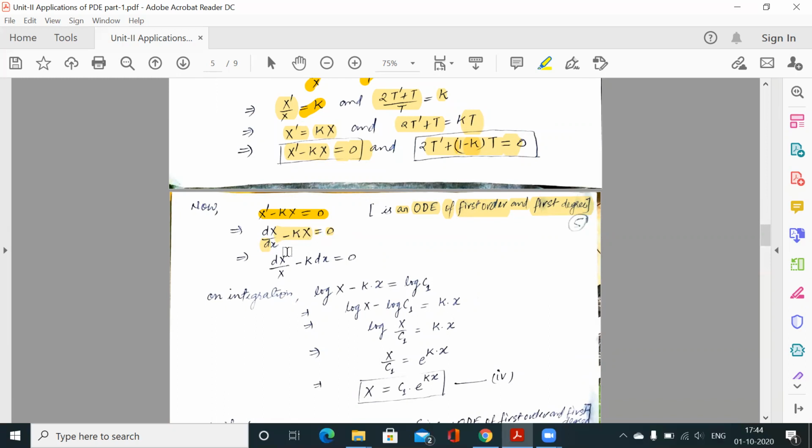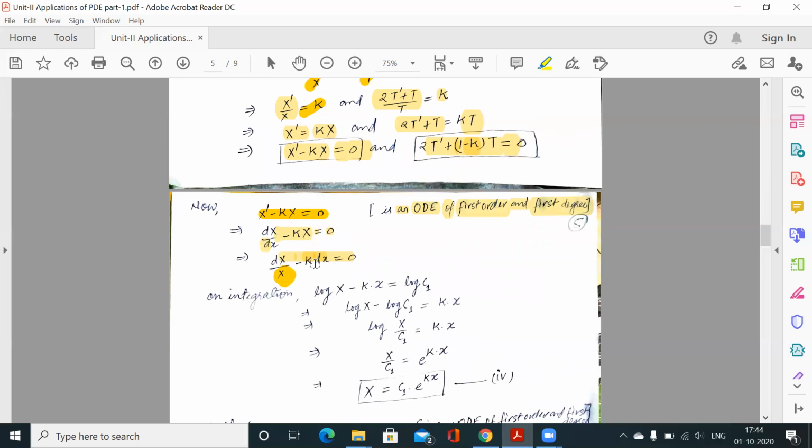So this is a first order first degree ordinary differential equation, and you know how to solve this if you remember the separation method. So dX over X minus k dx is equal to 0, by cross multiplication: dX over dx is equal to kX, so dx goes on this side and capital X comes on this side.